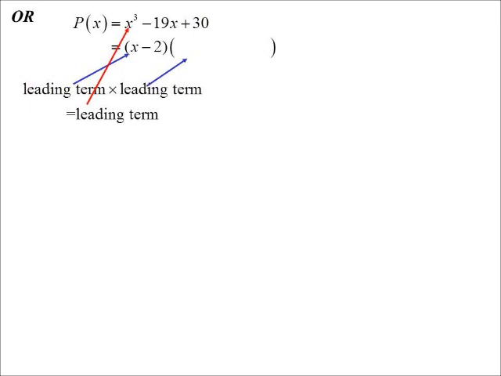So leading term times leading term must give me the leading term. x times, I wonder what, will give me x cubed? Well, it's got to be x squared. I can do the same thing with the constant. The constant times the constant must give me the constant.